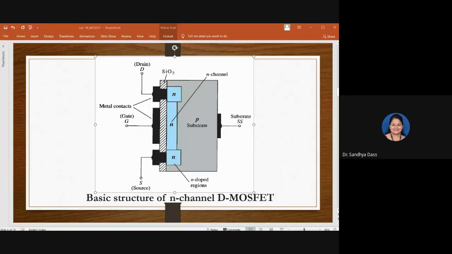So for the drain characteristics, if you recall, we had VDS on the x-axis, and by varying VDS, we plotted how the drain current was changing. That gave us the drain characteristics. Coming back here, please remember all these basics. So in MOSFET as well, the output is your drain current. Now let us observe how it works.